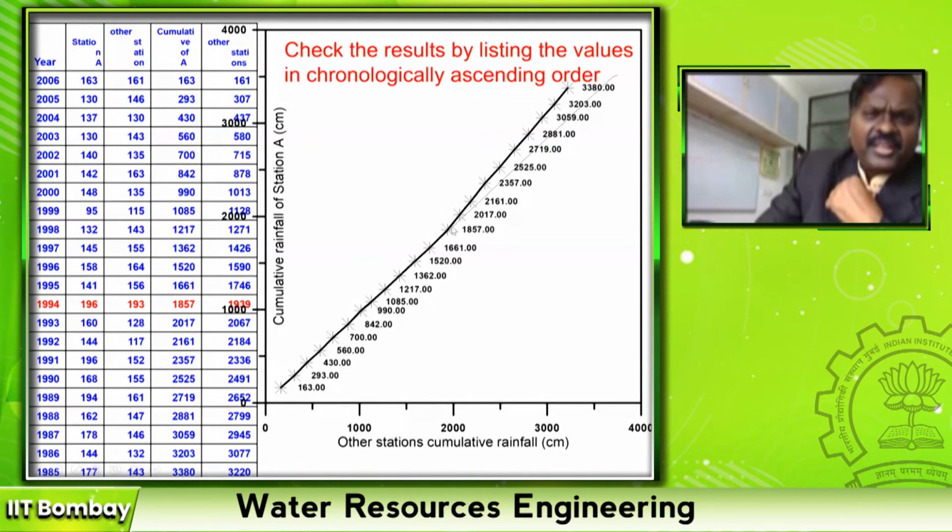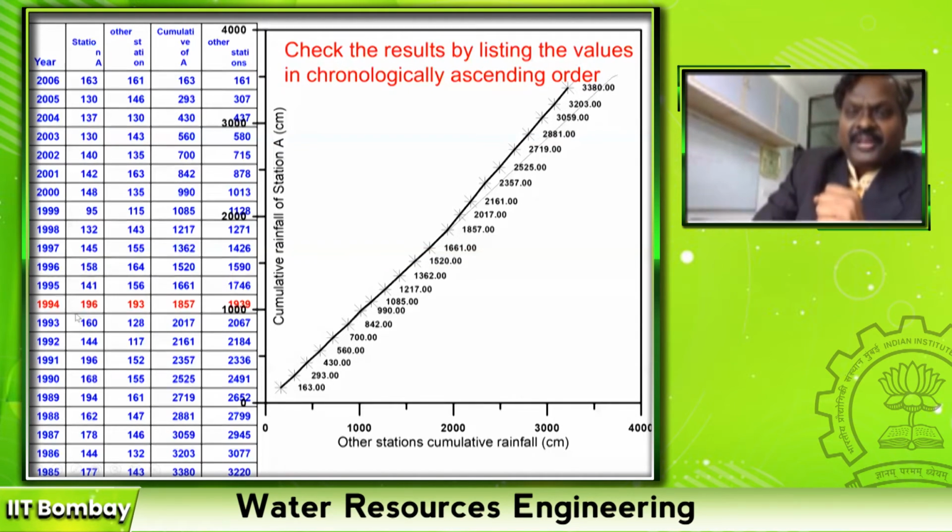So at this station, at year 1994, there was a change in regime. That is called identification of regime. But please remember, the method in which I am measuring the rainfall is correct even before 94 and after 94. The only thing is the instrument used is different.